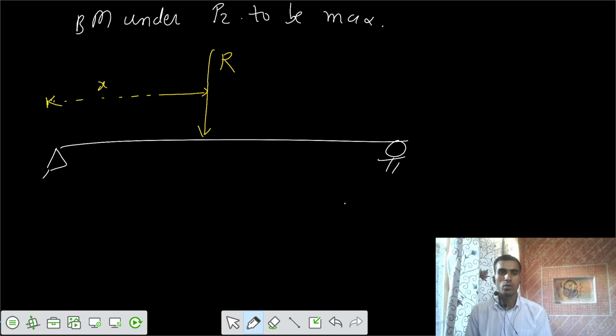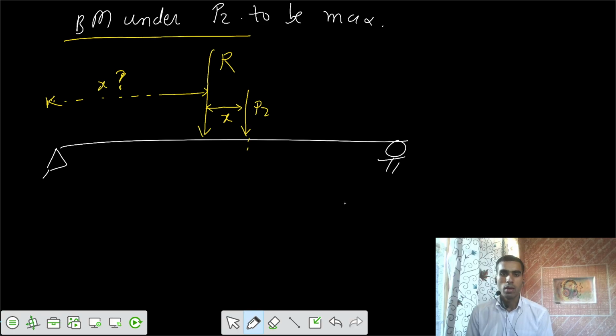The resultant and that particular load P2 were at a distance of d. I want the bending moment under P2 to be maximum, at this location, the moment at C.